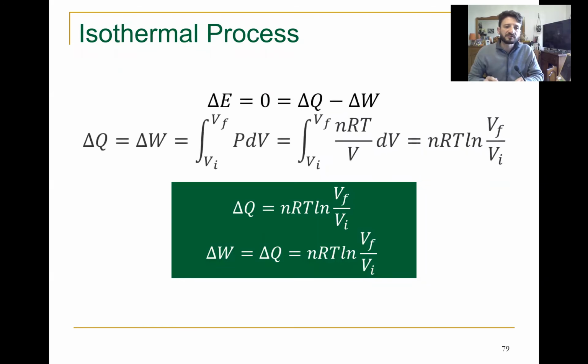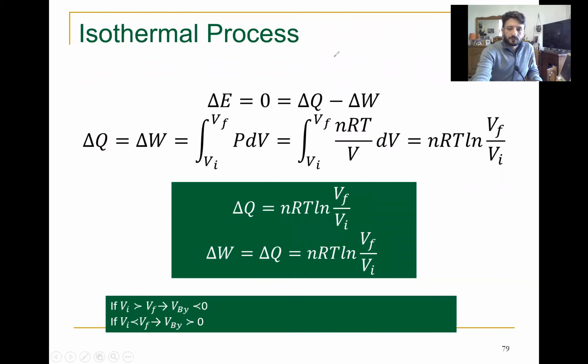Okay, it's very important to calculate all the values of delta Q, delta W, and delta E. Okay, we come here. You know delta E equals 0, so dQ equals dW.